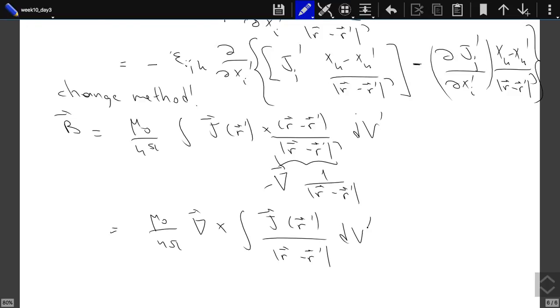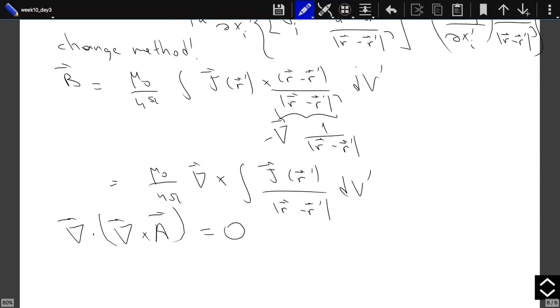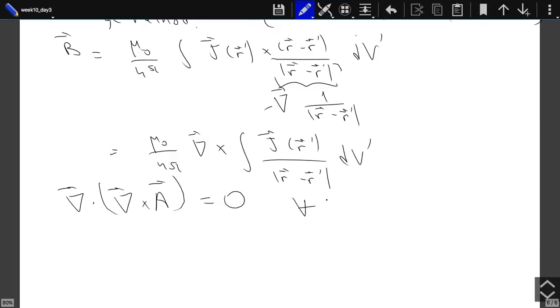Well, I'm done. The B field is the curl of some other vector field. If you take the divergence of a curl, let's say the curl of A, this is always equal to 0 for all vector fields A. So since I can write B as the curl of this thing, del dot B is equal to 0.